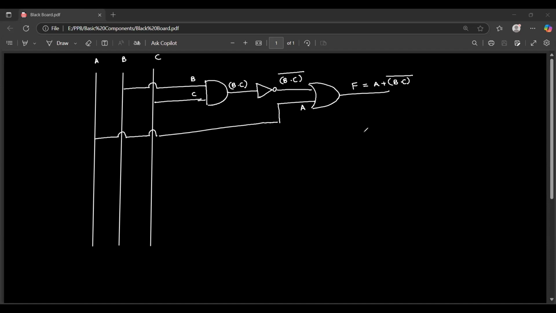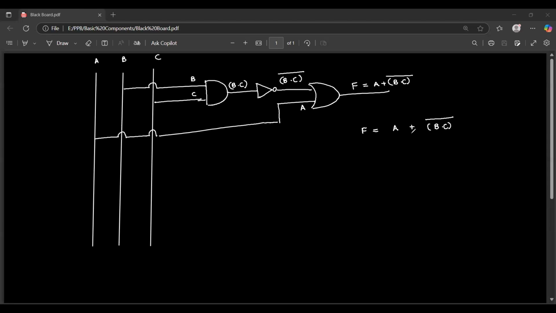For example, if they give you the output f is equal to a plus b dot c whole thing bar, what you have to think is, this looks complex, but how can we achieve this specific expression by using gates? That's what you have to think. That's why I did these small examples.